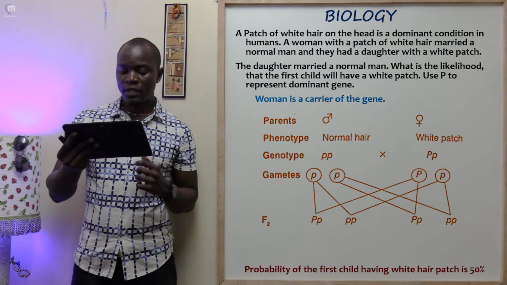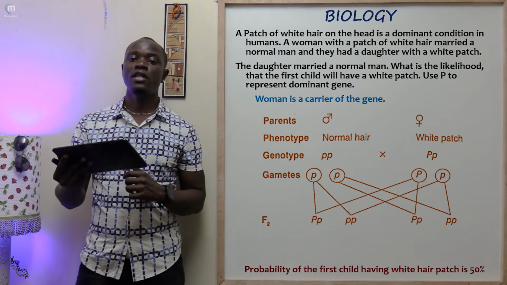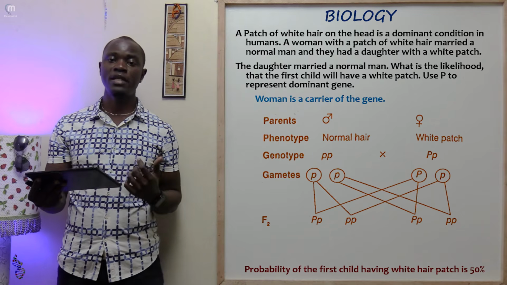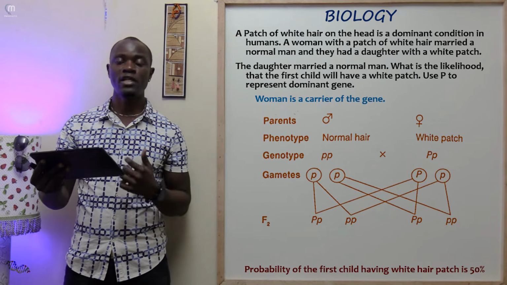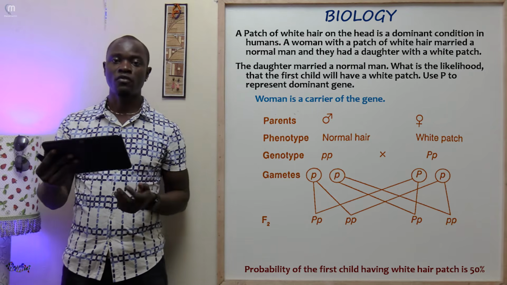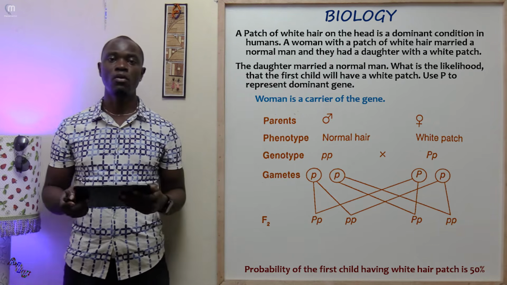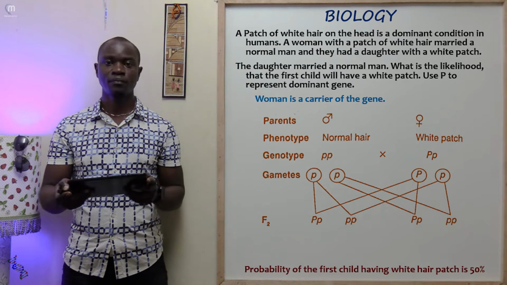So what is the probability of the first child having a white patch of hair? The probability that they're going to have a white patch is 50%, as you can see. The white patch is represented by the capital P and the small p.